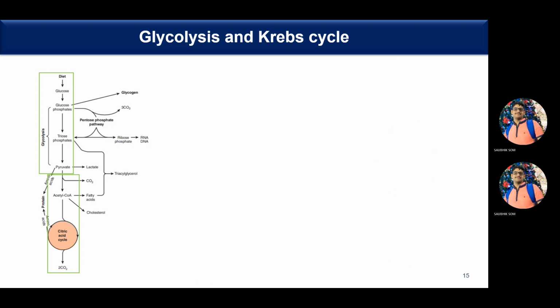Okay, and then we went over glycolysis and the Krebs cycle in the course, that is, carbohydrate metabolism in the third class. Whenever we take up glucose from the diet, it can go through different pathways.